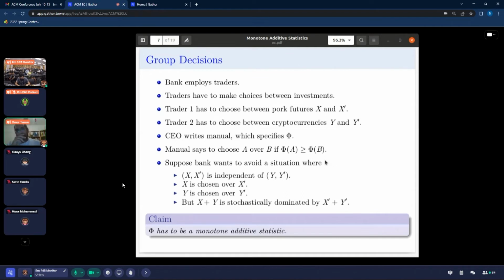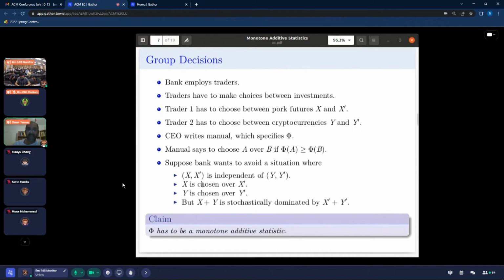Now, eventually, all these investments add up to the bottom line of the bank. So if trader one chooses X and trader two chooses Y, then the bank is going to get X plus Y. Now imagine that the CEO is worried about the following scenario. X and X prime, this pair is independent of Y and Y prime. What happens in the pork futures market is independent of what happens in the cryptocurrency market.